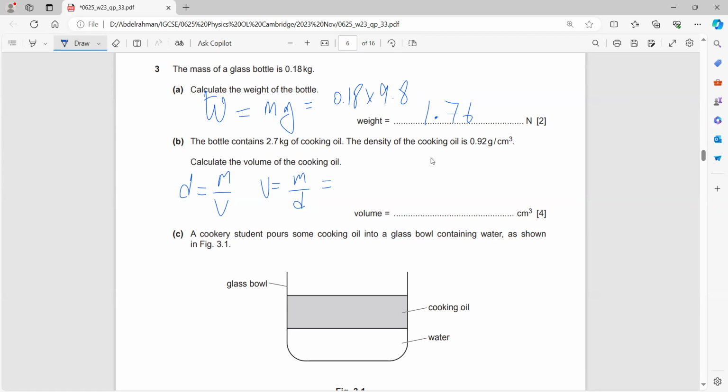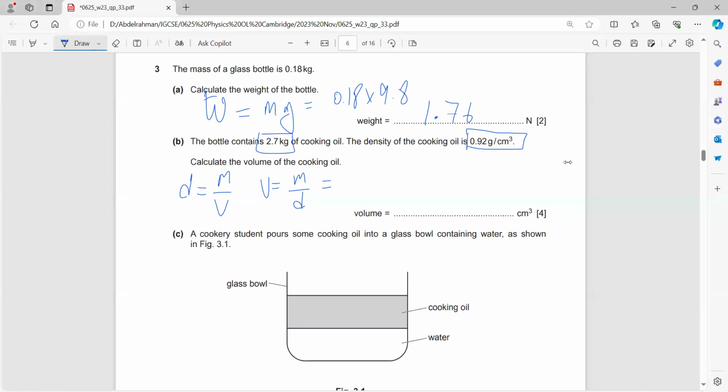There is one point that you missed while solving this question. Tell me, what is the point that you missed? That it's kilograms, not grams. Yes, we should convert the cooking oil to grams. Exactly. So guys, we have to make sure that the units are the same. The mass was 2.7 kilograms, but the density was grams per centimeter cubed.